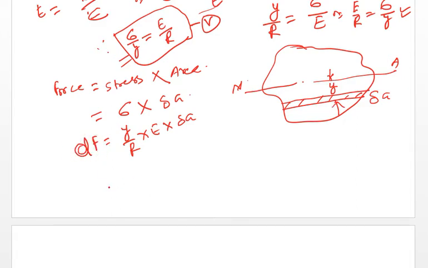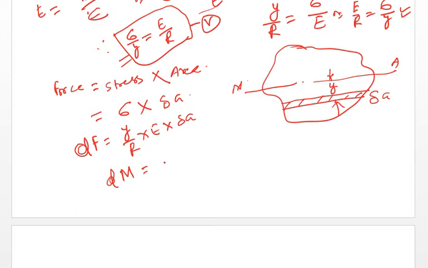Now we know that when we apply a force on this elementary strip, then there will be a moment also, a bending moment. It will get bent. So suppose the bending moment for this elementary strip is dM. What is the formula of bending moment?